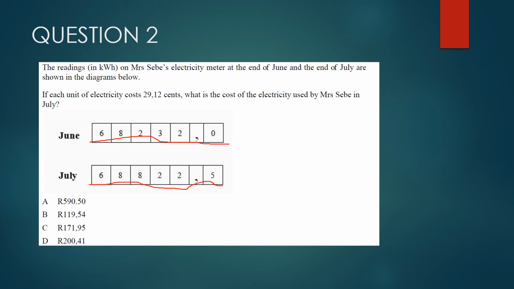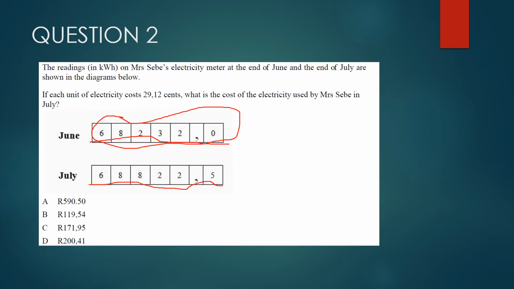But in order for us to find out how many units we used in July, we need to subtract the units that we have from previous months, because the units that are here in July include the units from previous months. What you want to know is how many units we used in July.